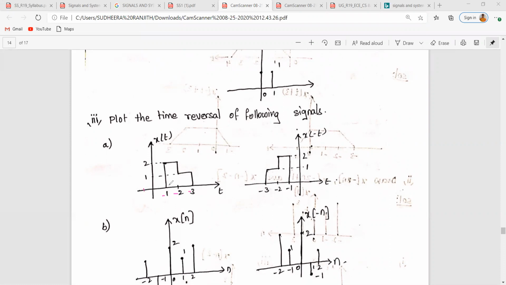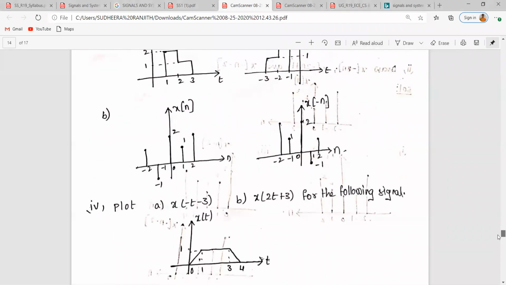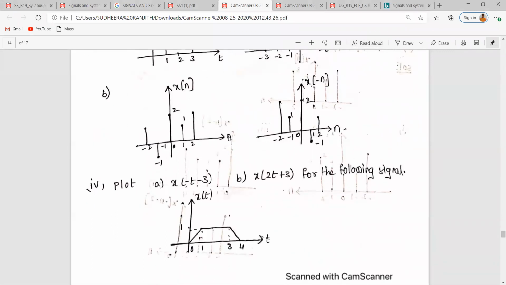At minus 1, the signal is increasing from 0 to 2, and at minus 2, it is decreasing from 2 to 1, and at minus 3, the value is decreasing from 1 to 0. Similarly, take the time reversal of this signal also.